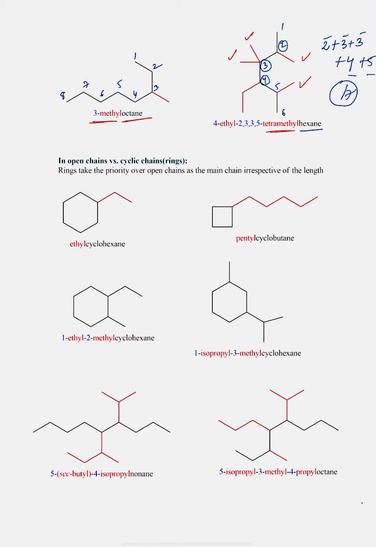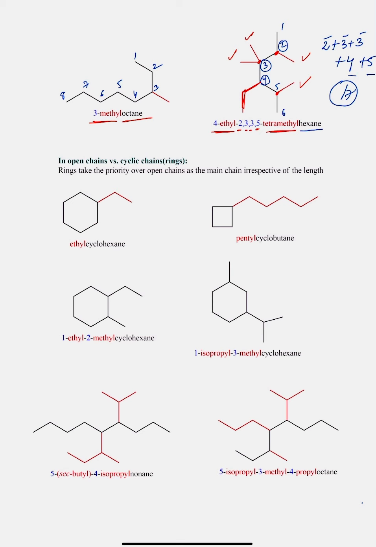That's why it's tetramethyl, and they are located at carbon 2 here, 2 of them at carbon 3, so I need to write 3, 3 explicitly, and then 1 at carbon 5. And there is an ethyl group at carbon 4 which gives you 4 ethyl here.